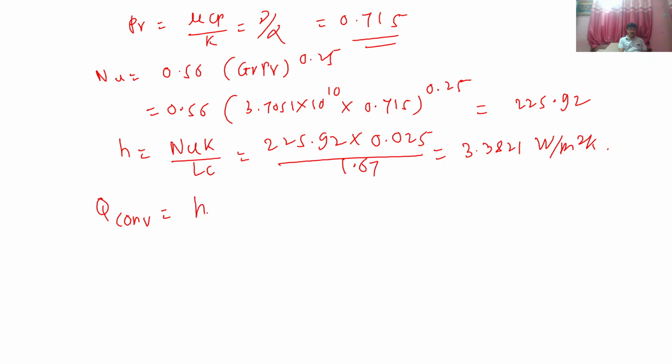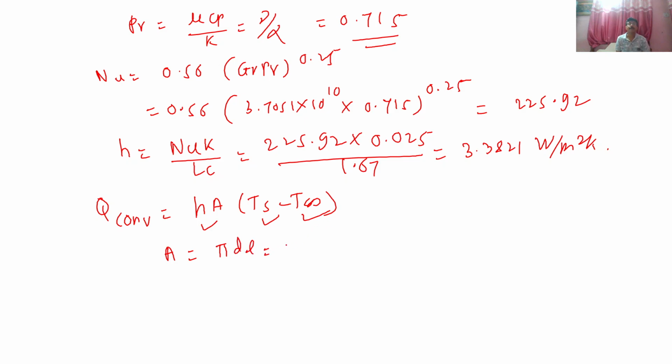Q convection is by Newton's law of cooling, hA(Ts minus T infinity). I think h is known to you, Ts is known to you, T infinity is known to you. So only area is remaining. So what is area? Human body is a vertical cylinder. Top and bottom is neglected because that is given, Q top and Q bottom. So only this surrounding peripheral area. What is that value?